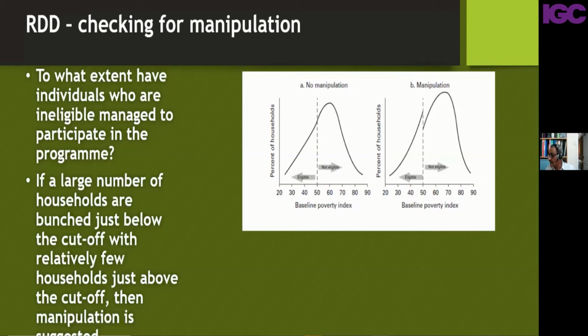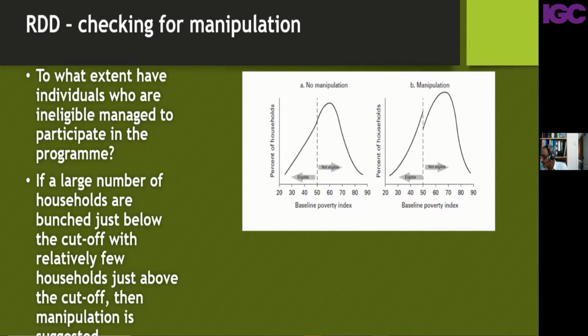Now, if you find a fairly smooth distribution, then that suggests that there is not too much manipulation of data. But on the other hand, if you find a distribution which looks like figure B, that means at the threshold point, say at 50, there is a very sharp discontinuity in the distribution, then that suggests that yes, there has been a significant amount of manipulation.